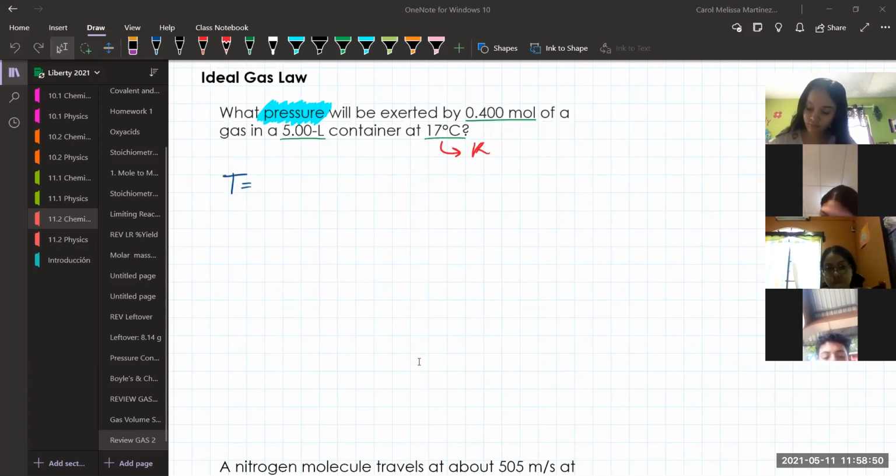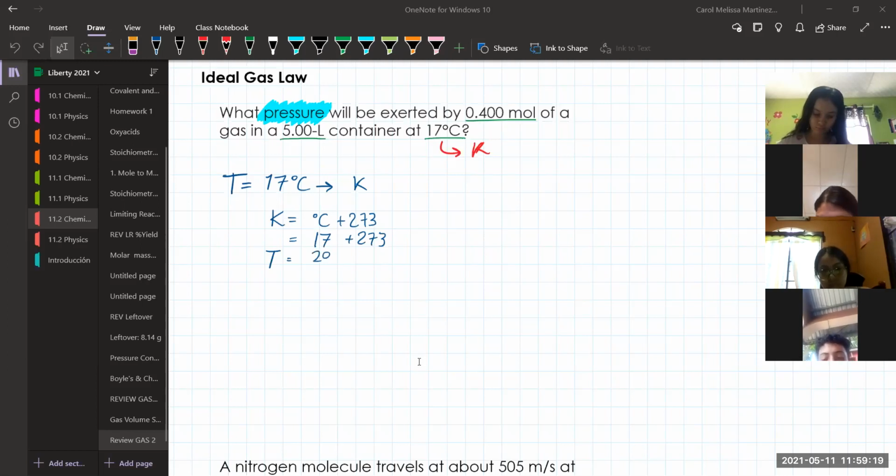The temperature that is 17 degrees Celsius must be turned into Kelvin. So the Kelvin temperature is your Celsius plus 273, 17 plus 273. How much is that? 290 Kelvin. So the temperature for this problem must be 290 Kelvin.